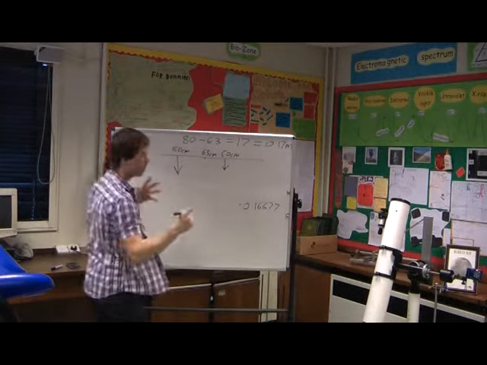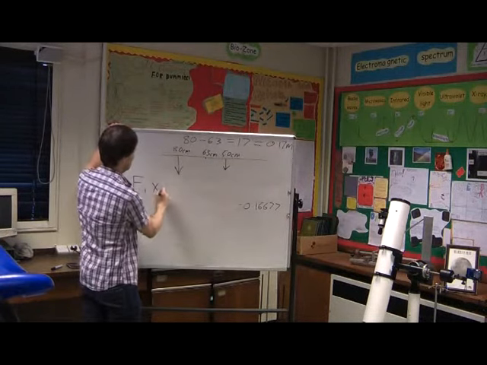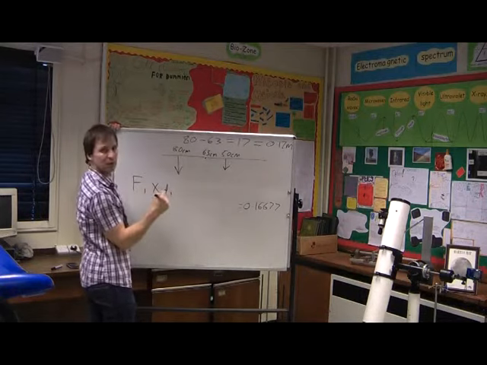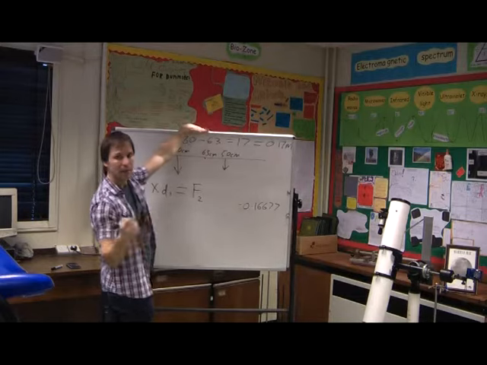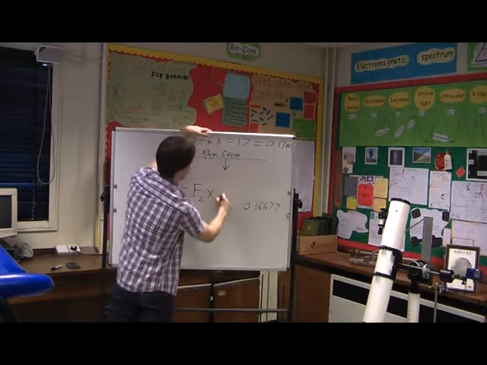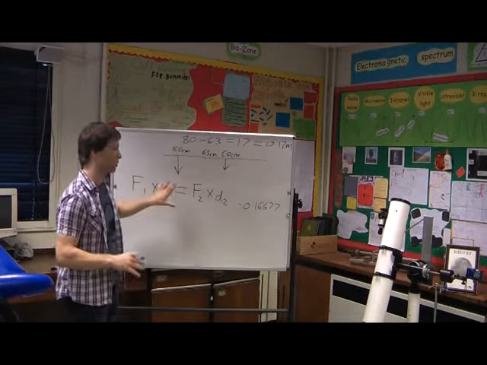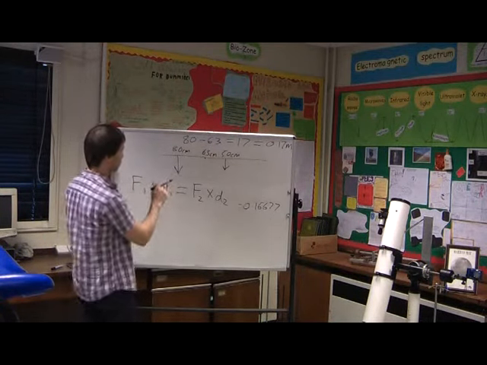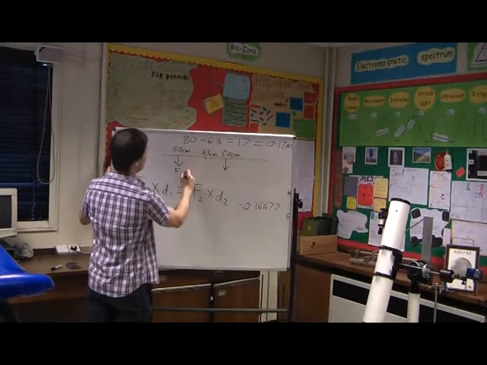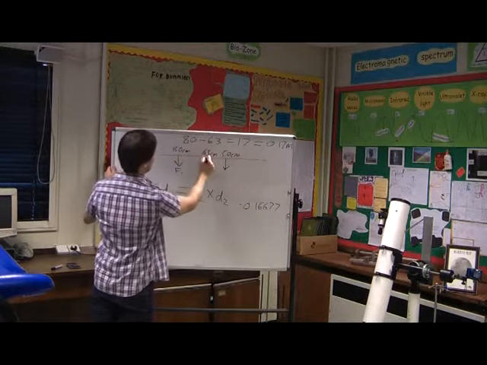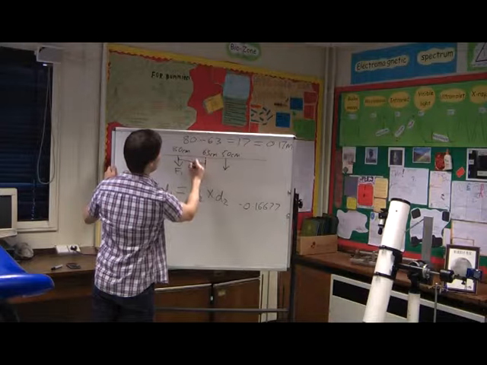For any object in equilibrium, we know that force 1 times perpendicular distance from a point, D1, must equal force 2 times perpendicular distance from the point, D2. It's completely irrelevant which one you decide is F1 and F2. I'm going to call this F1, and the distance from there to there D1.